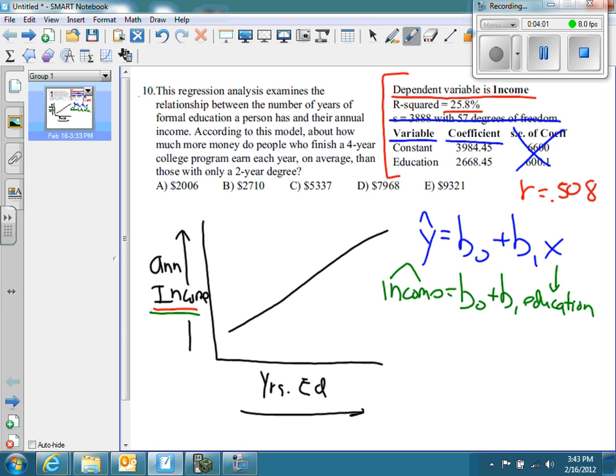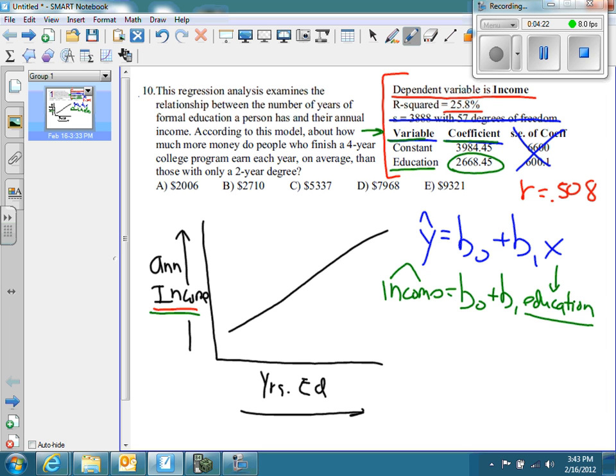Now when I look at the information they've given me up here, they're giving me the variable and the coefficient. For the variable education, they're giving me the coefficient. They've already done a calculation for me.